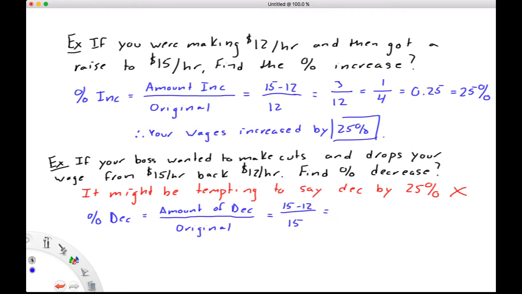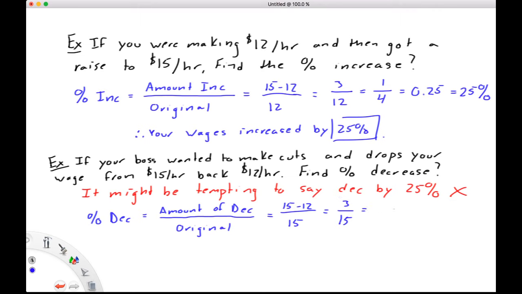So our original amount in this case is 15. And so rather than having 3 over 12, like we did in the first example, here we have 3 over 15, because we've decreased by 3 from an original amount of 15.